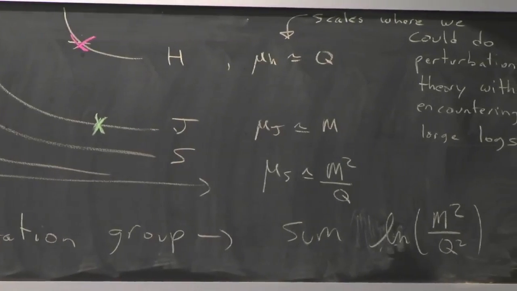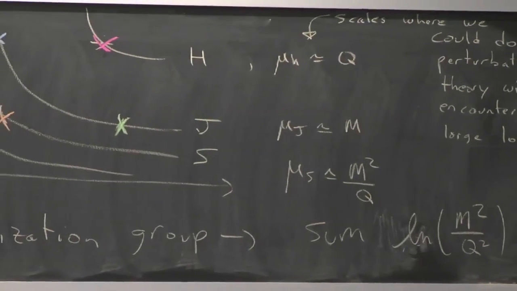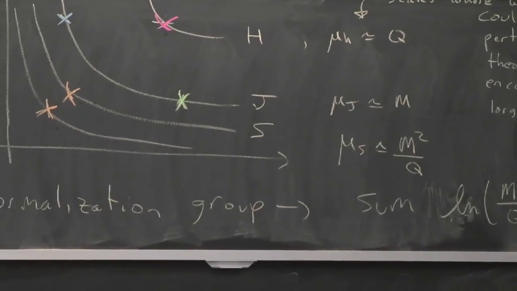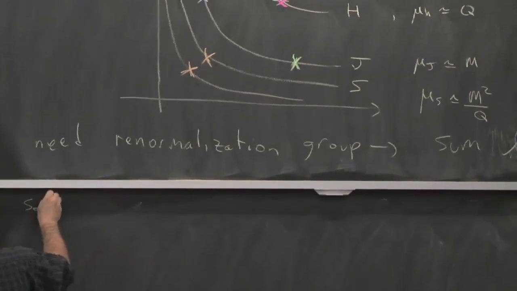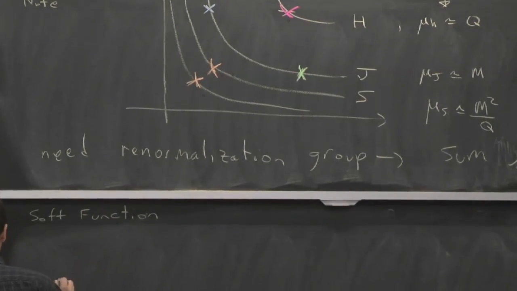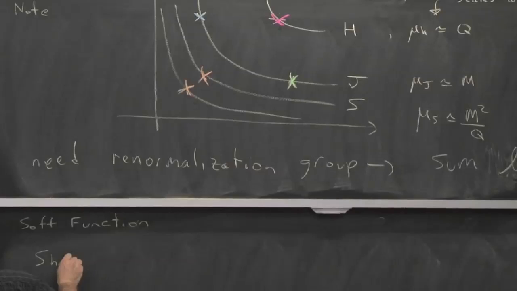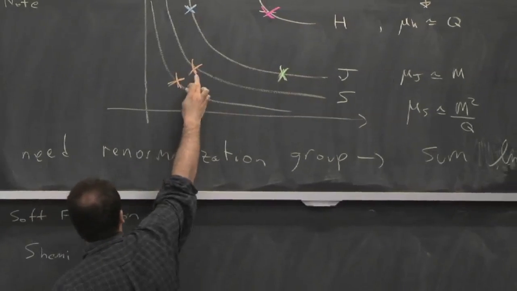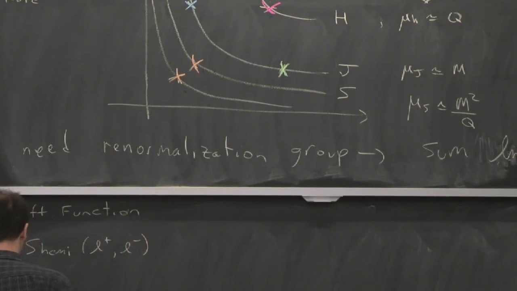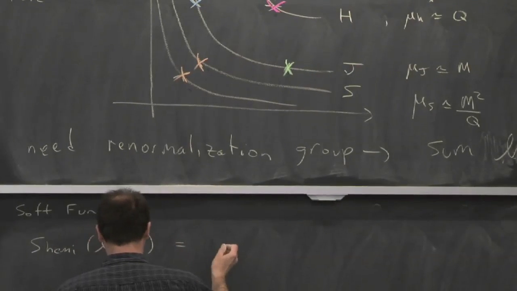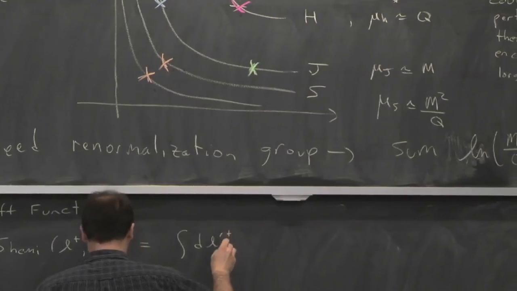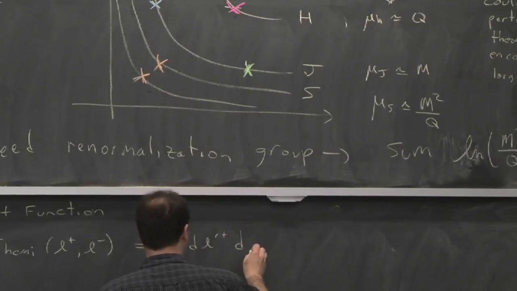All right. What about this situation here? Well, it turns out, and I won't go into it in too much detail, but we can factor that guy. If these two are hierarchical, we can actually factor this in something called the soft function OPE. And even if they're not hierarchical, we can actually write it in the following way.